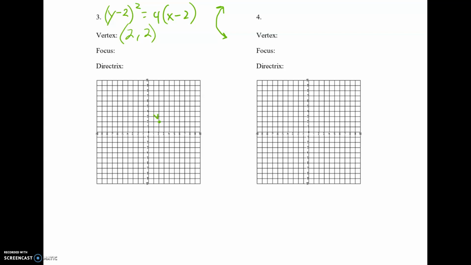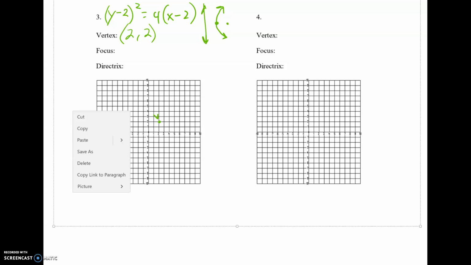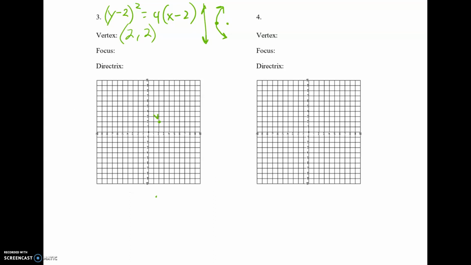Focus, remember, because it opens to the right, I'm going to go to the right to find the focus, and left to find the line that we call the directrix. So then we know which direction to go because it's opening to the right. All right, here we go. So I go to the right and find the focus. I'm not going 2 units, I'm going 1 unit.